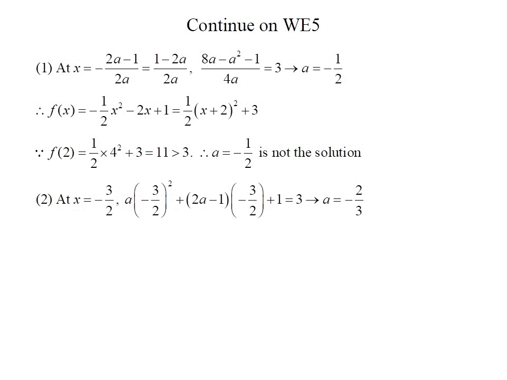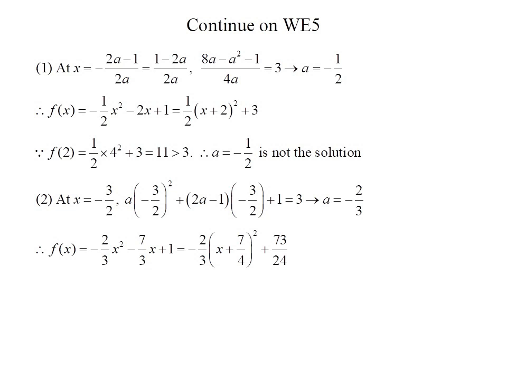Now let's look at one of the endpoints, negative 3 over 2. After substituting the x value by negative 3 over 2 into the quadratic function, we calculate the value of a, which equals negative 2 over 3.